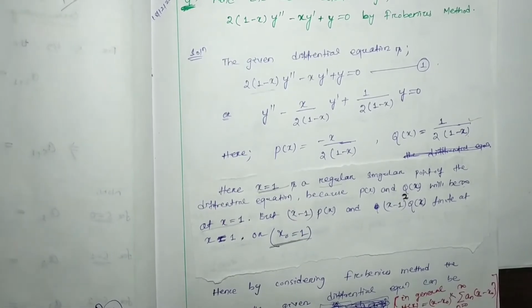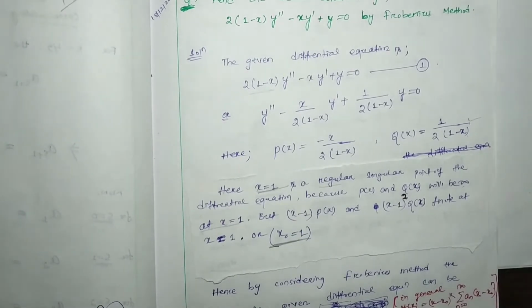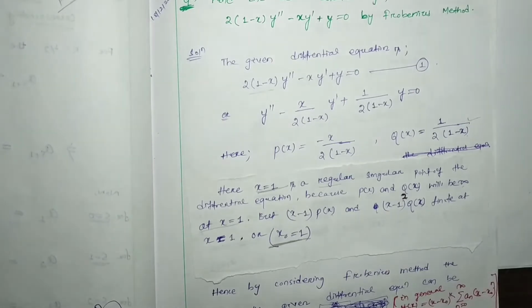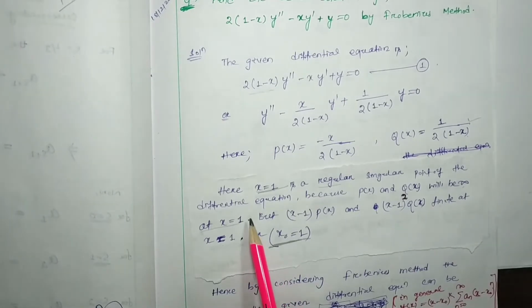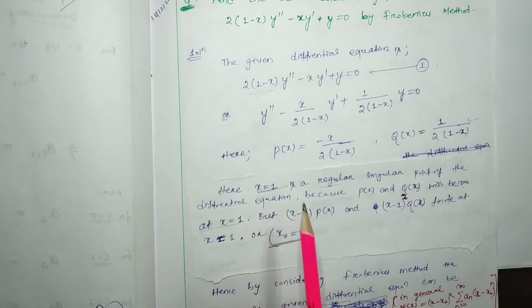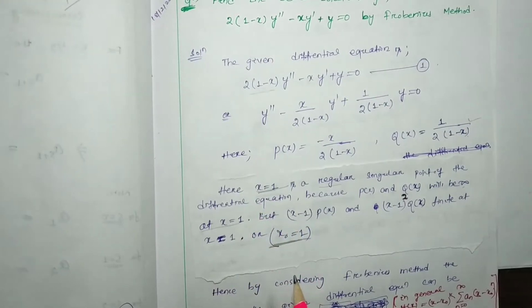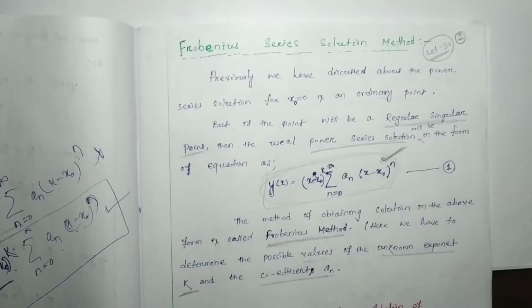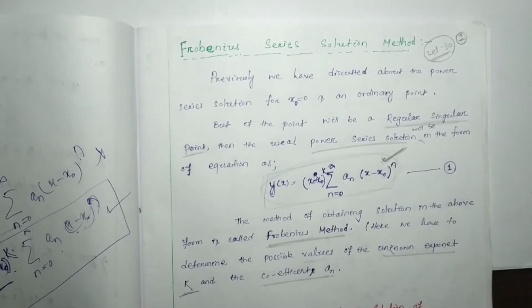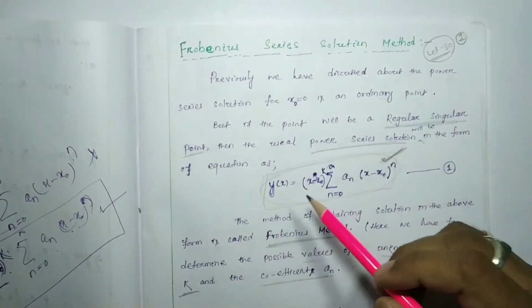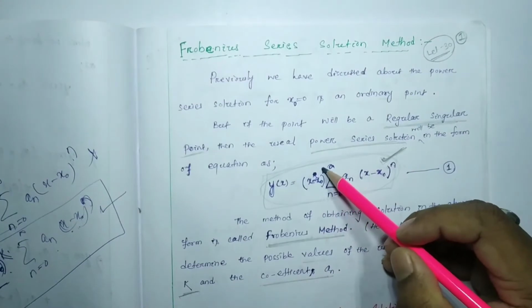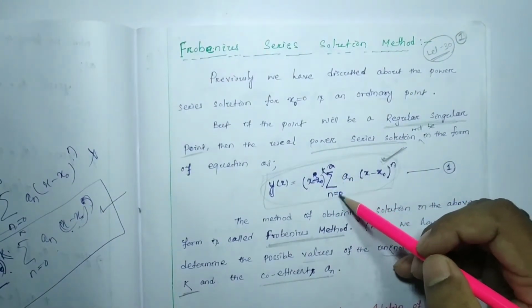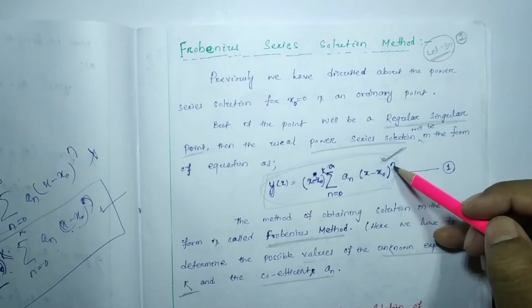So now the general solution of this differential equation about the regular singular point 1 can be written, using Frobenius method, in this format: y(x) equal to (x minus x0) to the power k, summation over n equal to 0 to infinity a_n (x minus x0) to the power n.